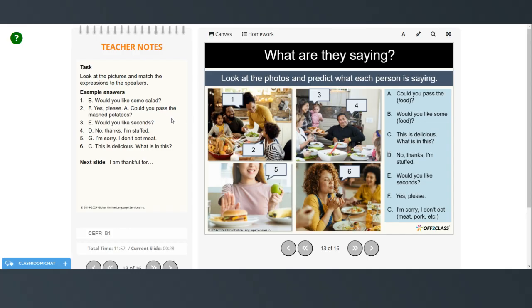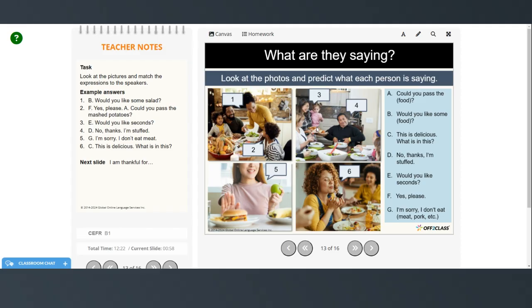Okay, so number one could be B, would you like some? And it looks like she has salad there, so would you like some salad? And then letter F, yes, please. Could go with number two. And then could you please pass the potatoes? Also number two.